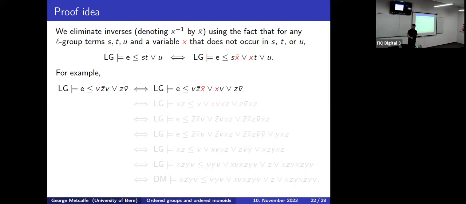So what we do is we introduce, using the above equivalence, a new variable x, and then we multiply through by x, actually by xz on the right. So you can see what's happened here is that we've eliminated our Z inverse.